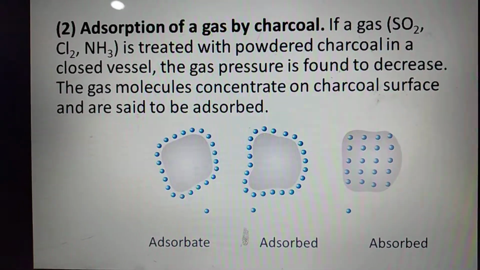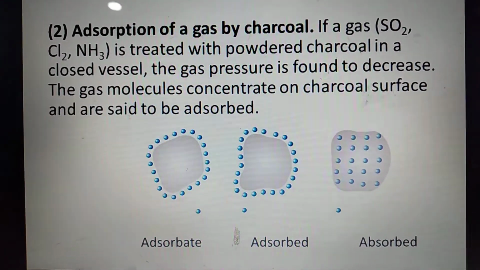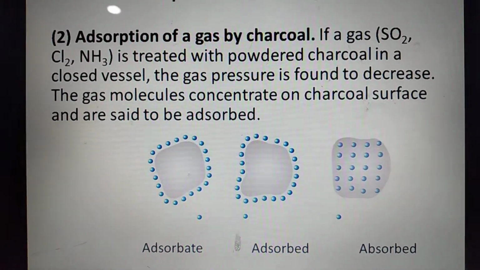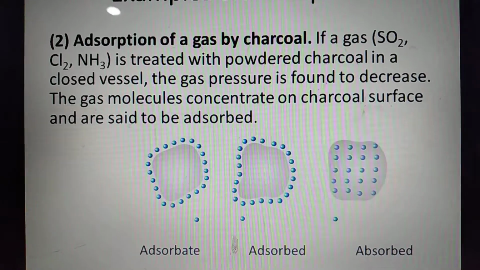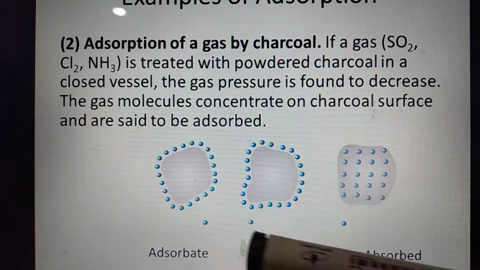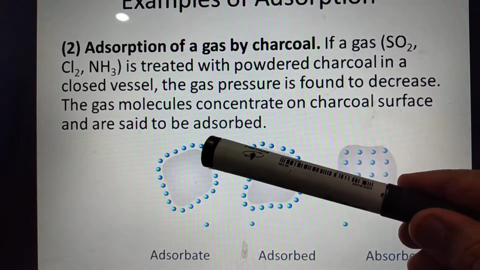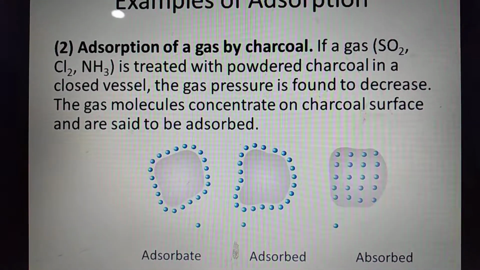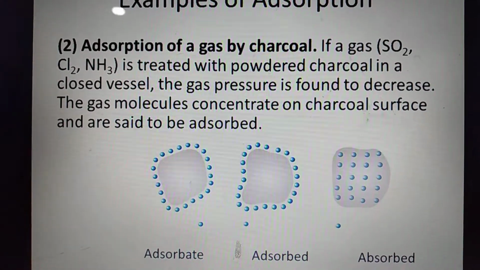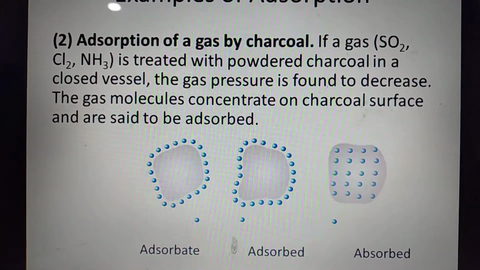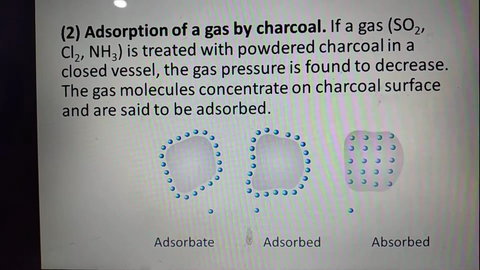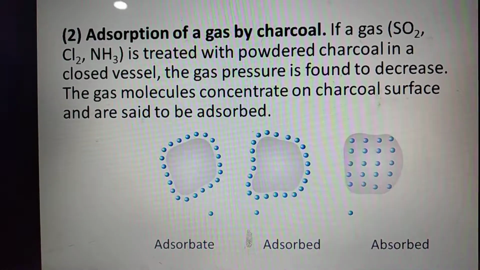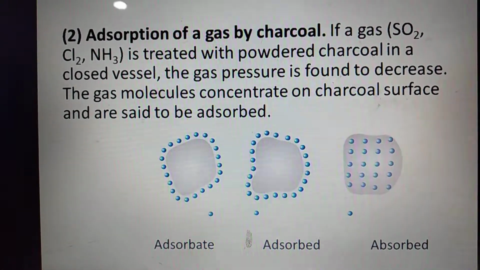In this case, the adsorbate is the gas, and the surface which adsorbs is the adsorbent. The substance adsorbed at the surface is called the adsorbate, and the substance at which adsorption occurs, shown in the figure in black, is the adsorbent.